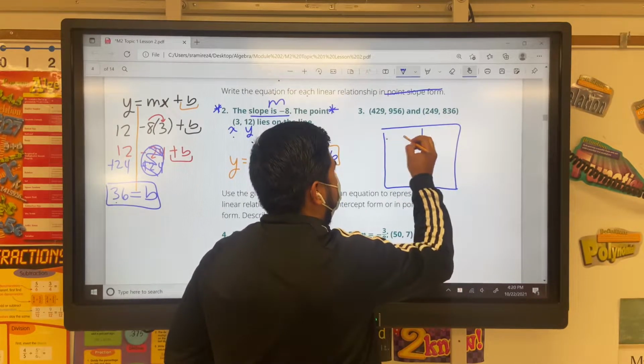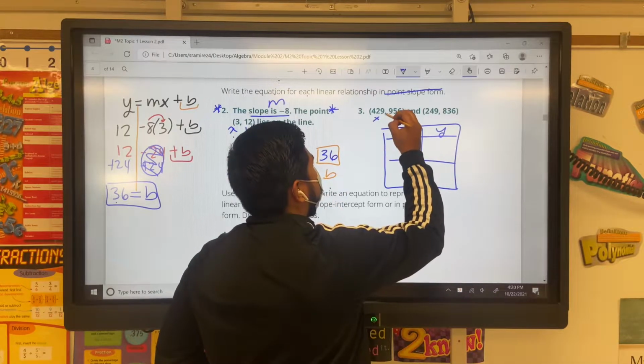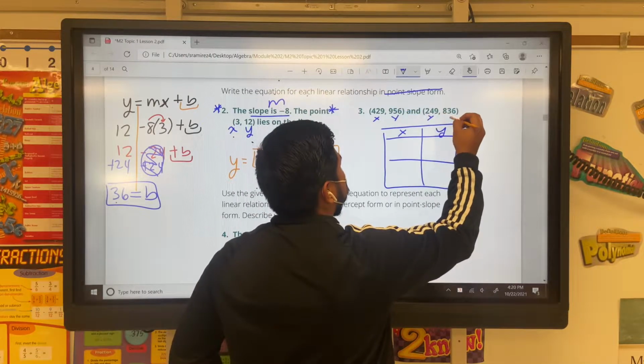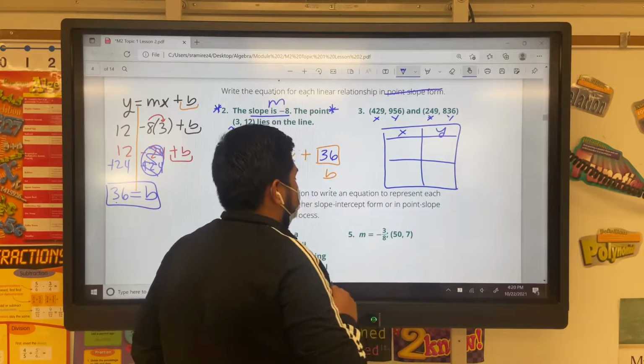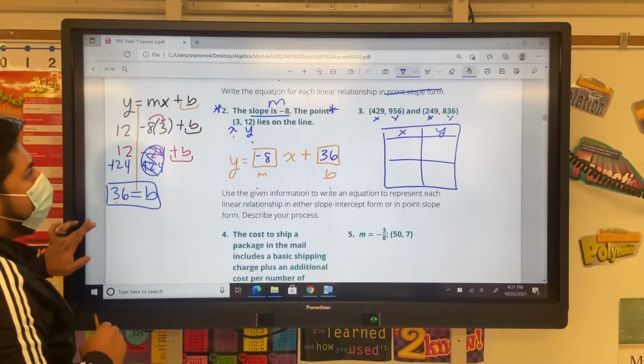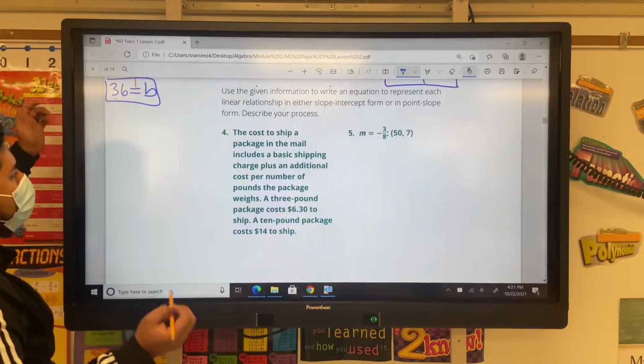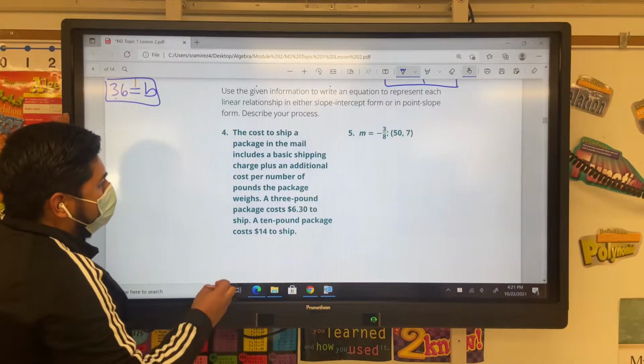Table, hooking you up, stat edit, stat calc 4. Boom, X, Y, X, Y. Find out the answer. Sorry, pause it so you can check out the answer. Number 4, also stat edit, stat calc 4.